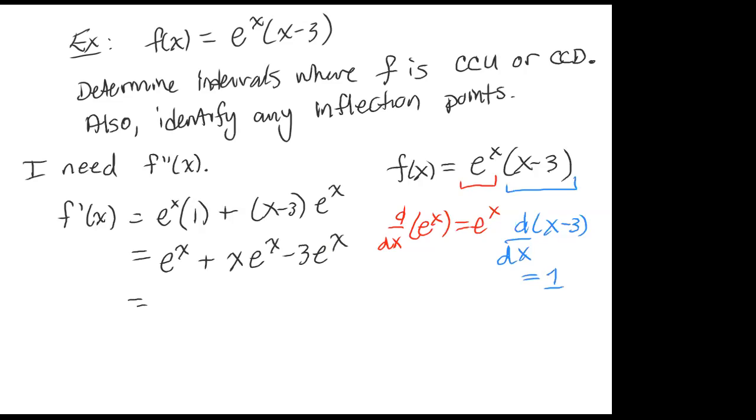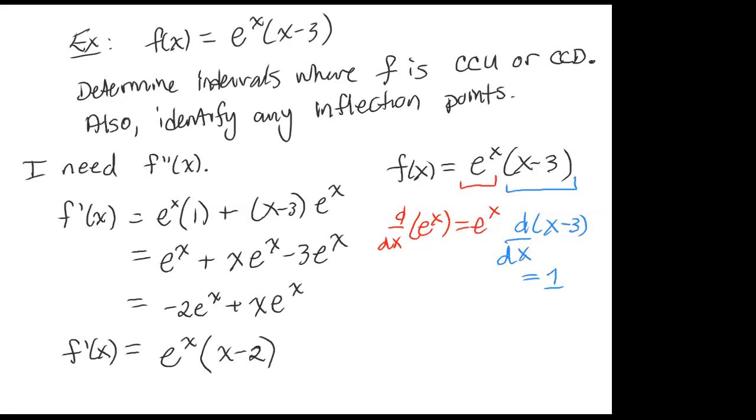I have terms that I can combine here. e to the x minus 3e to the x is negative 2e to the x. Negative 2e to the x plus x e to the x. And then I could rewrite it in a form that's very similar to what I have above. Factor out the e to the x, and then I have negative 2 plus x, or x minus 2, if you prefer. So that is my first derivative.